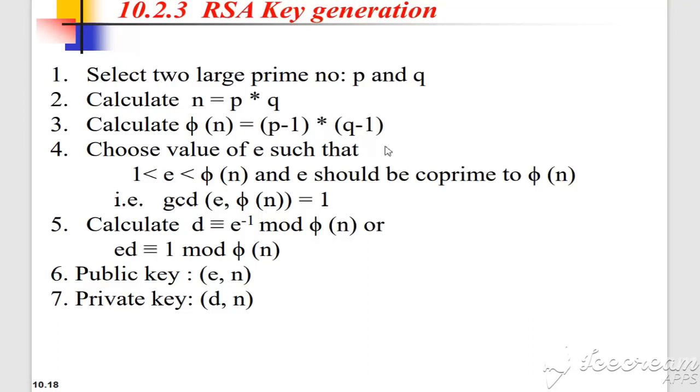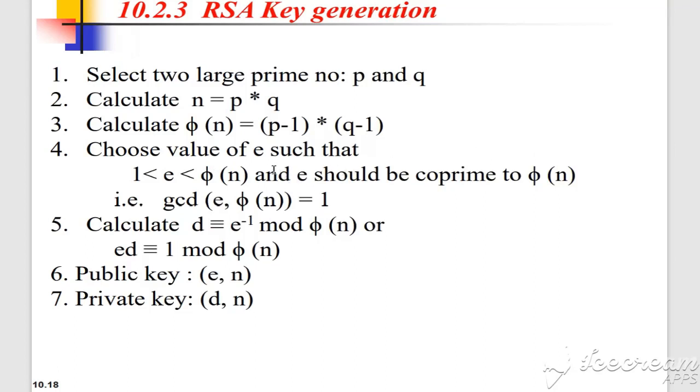After that we have to choose a value E such that it is greater than 1 and less than phi n, and it should also be co-prime to phi n.